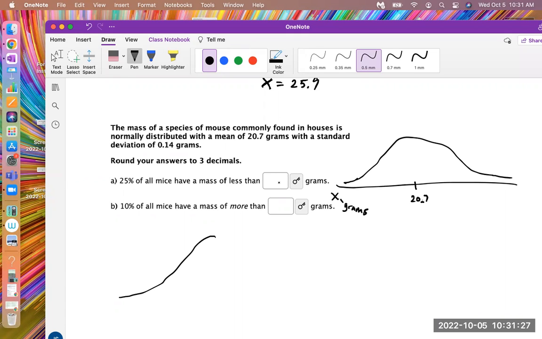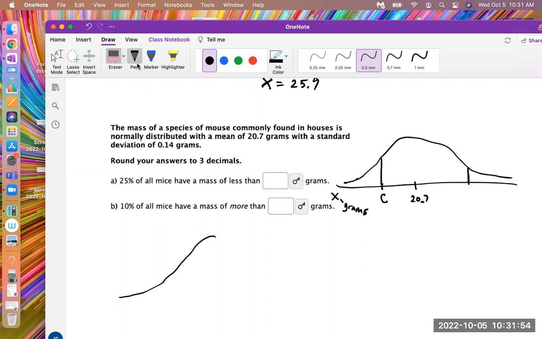They're saying less than some value, let's say it's right here, and we often call it C. I know it's probably to the left of the mean, because only 25% of the data is less than this value. It wouldn't be over here, because then there's all of this area, which is a lot more than 25%.